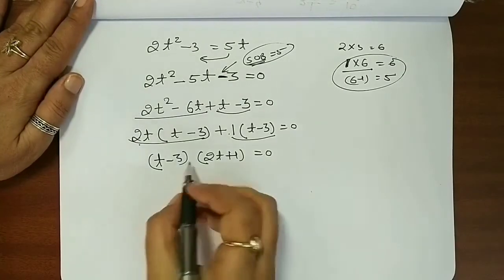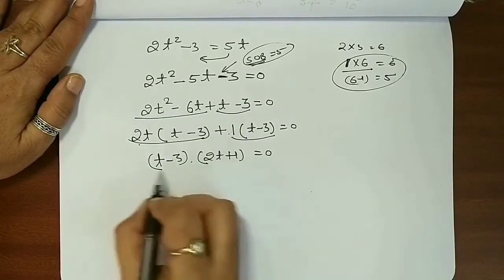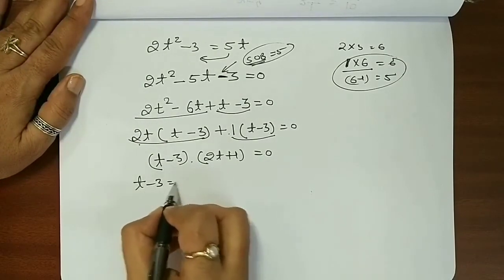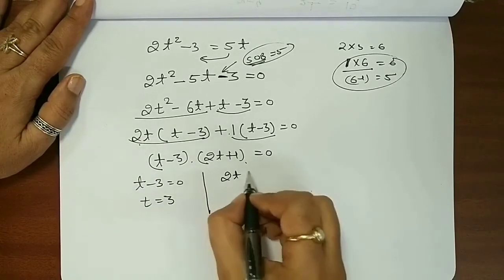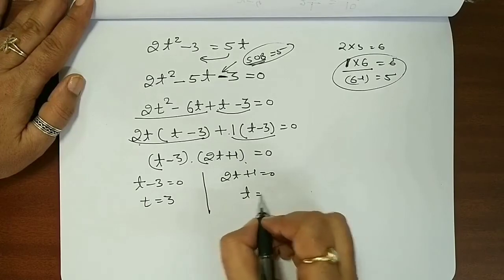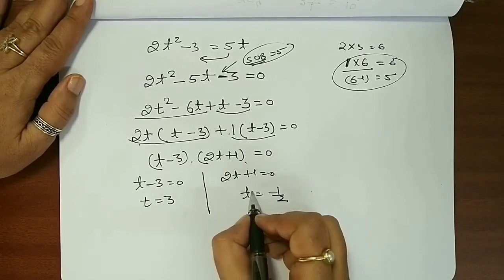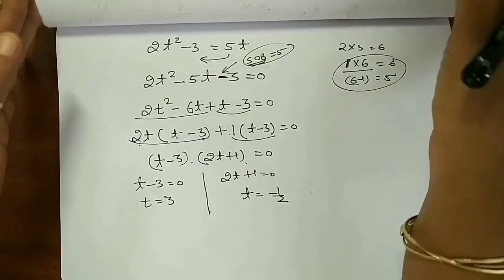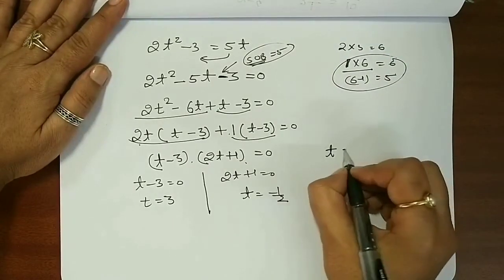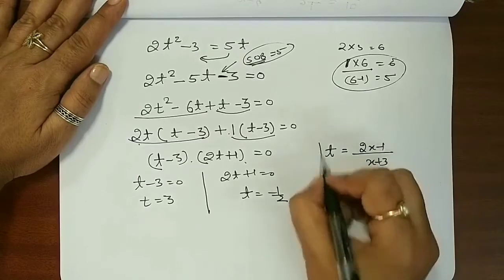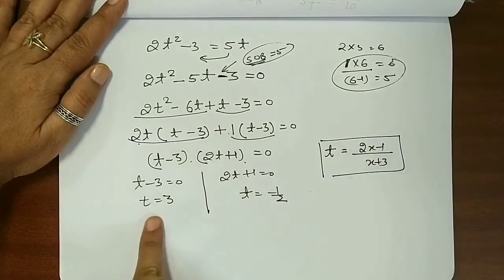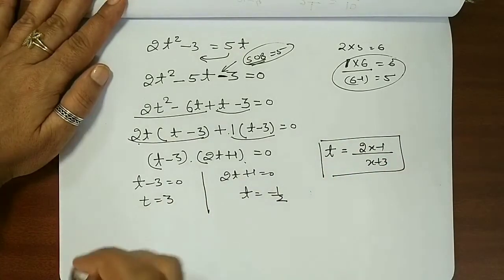So here what I got is, if this was my equation, I would have got t is equal to 3. If this was my equation, I would have got t is equal to minus half. But my t was something else. My t was, if you observe, 2x minus 1 by x plus 3. So I have to put it back and then solve it for x.